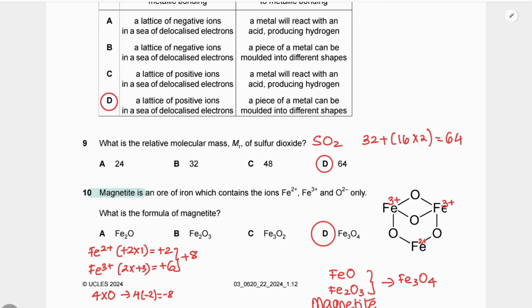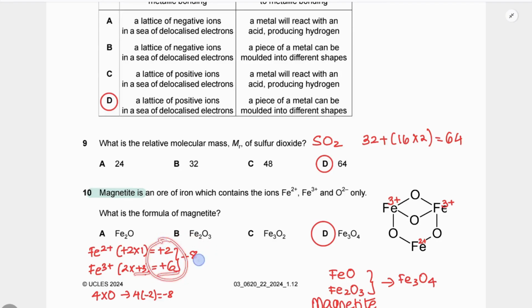And if you want to check whether the whole structure is balanced or not, see here Fe2 plus, which has an oxidation number of plus 2, multiplied by 1 because we have only 1 iron, which gives me plus 2. And Fe3 plus, we have 2 of them, and its valency is plus 3, so we get plus 6.